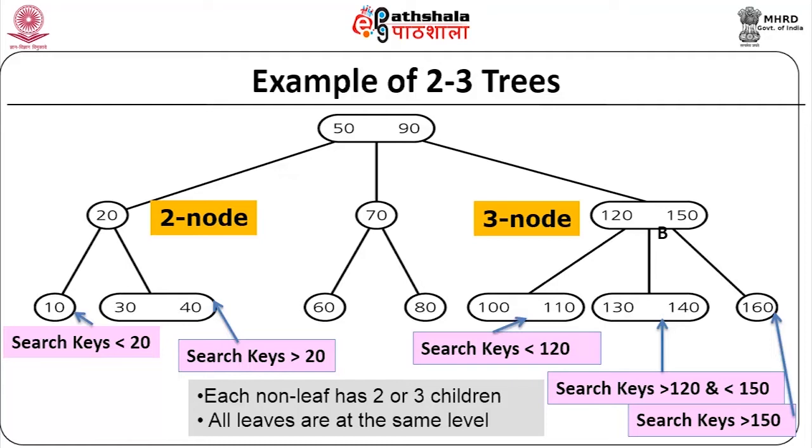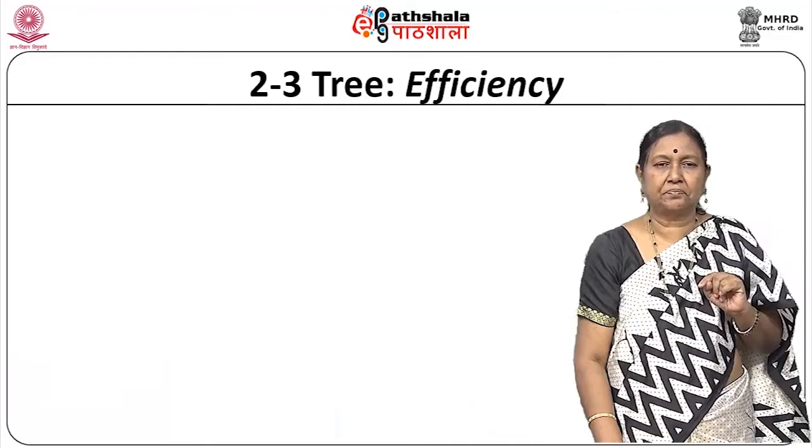So, each non-leaf has 2 or 3 children and all leaves are at the same level. This is a typical example of a 2-3 tree.